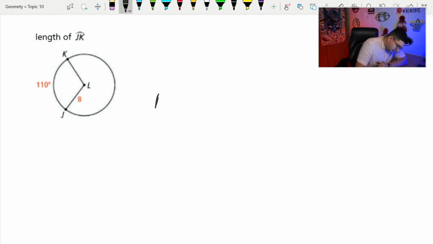Arc length equals n degrees over 360, which is our arc angle, I could also write the measurement of arc JK, times 2 pi r.